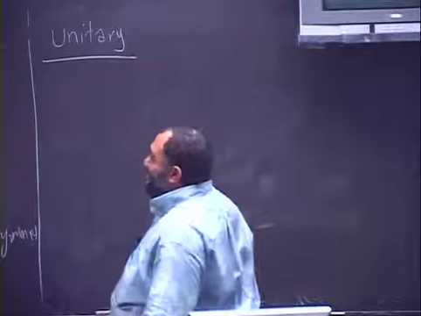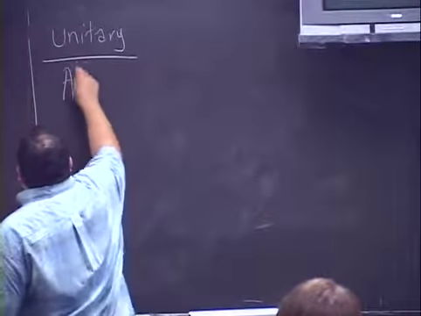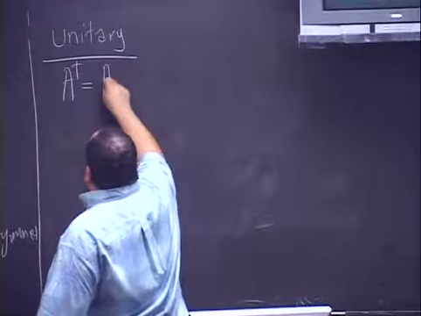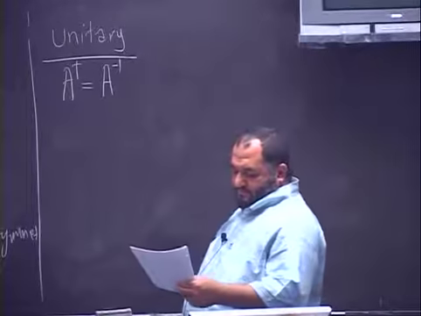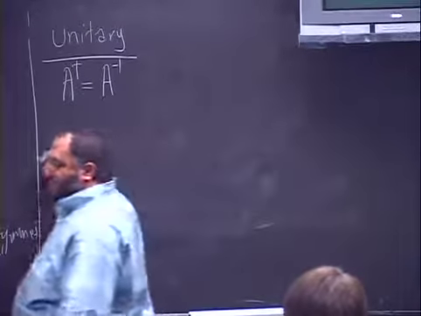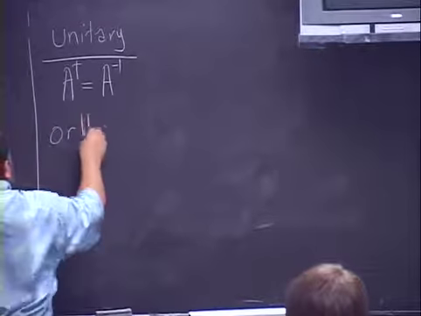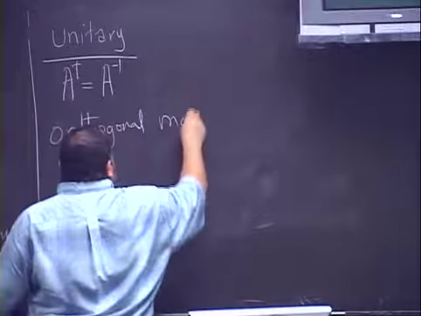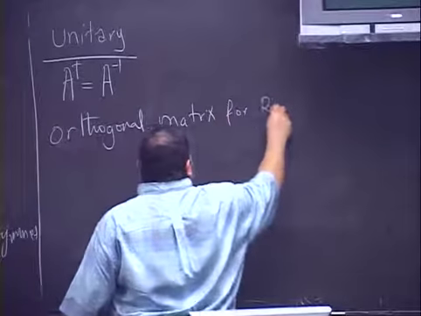The unitary matrix is defined as the Hermitian conjugate, instead of being equal to the matrix itself, being equal to the inverse of the matrix. And this is a generalization of what matrix? Orthogonal matrices.